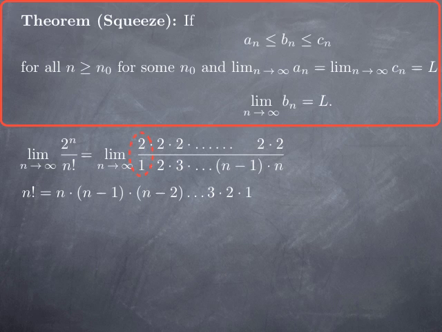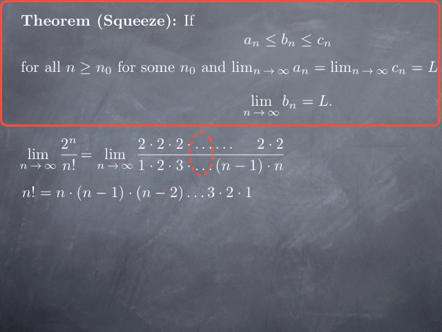And now we look at these terms, we are multiplying them together. We have 2 over 1, that's just 2, that we multiply by 1, and then we multiply by 2/3, which is something less than 1, then by 3/4, which is less than 1, and then 4/5, which is less than 1, and then 5/6, which is less than 1, and so on.